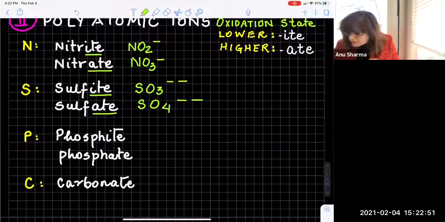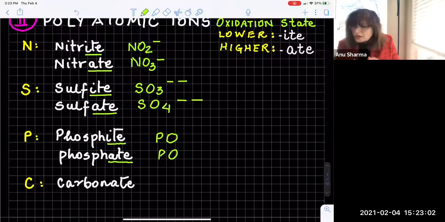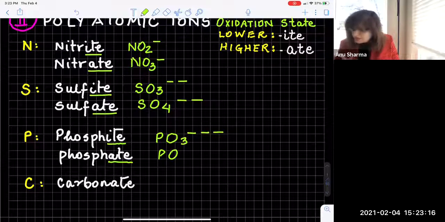Okay, phosphite, similarly, ite and ate. That means phosphorus has a capability of combining with more than one number of oxygens. When phosphorus combines with three oxygens, it retains three negative charges, and that is phosphite, PO3 with three negative charges.